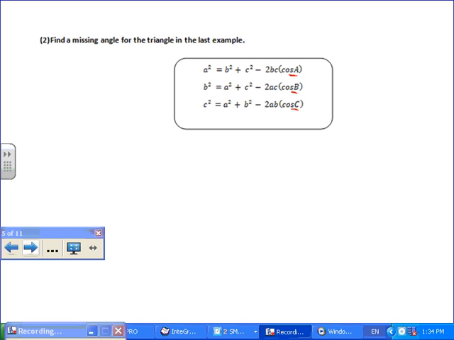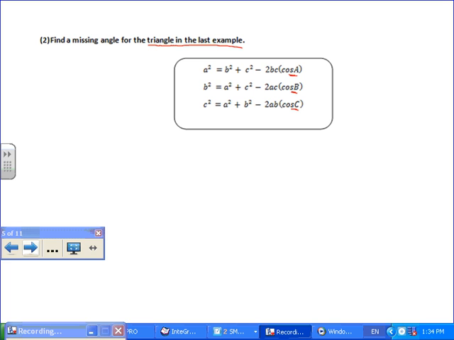It's also going to require us to eventually, at the end, take the inverse cos of whatever we get as our ratio. So whenever you're searching for an angle, you're always going to be taking an inverse ratio on your calculator.